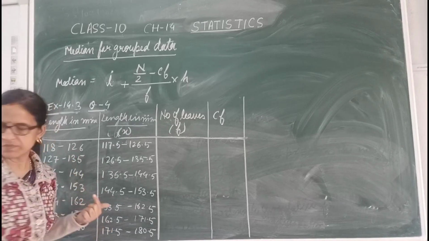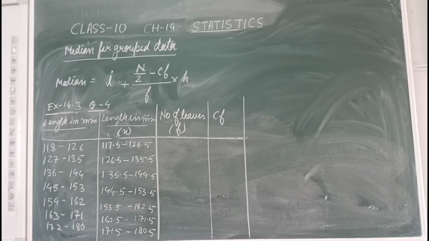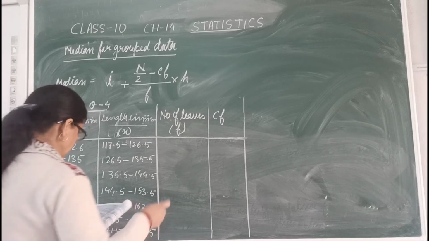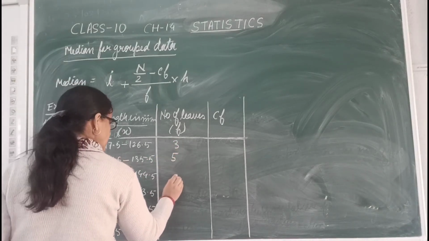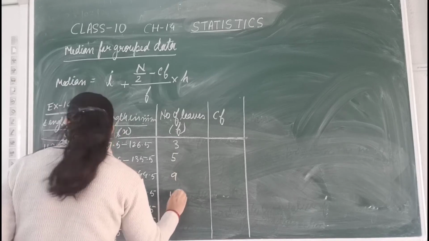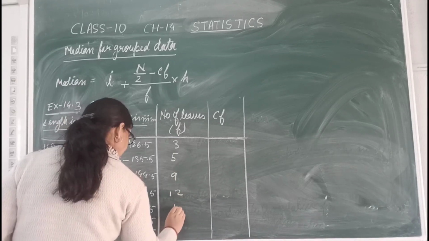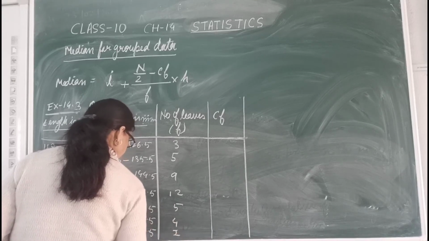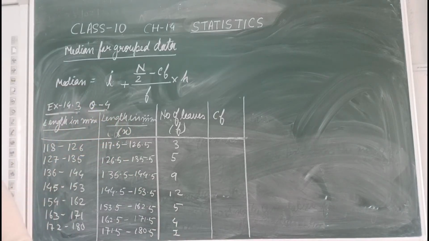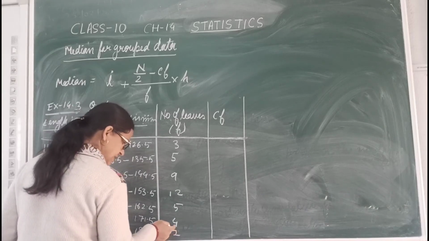Now the number of leaves we will write as given in the question: 3, 5, 9, 12, 5, 4 and 2. Now we will find the cumulative frequency table.